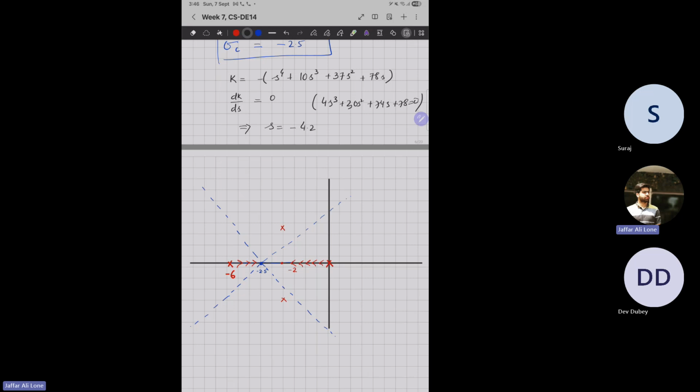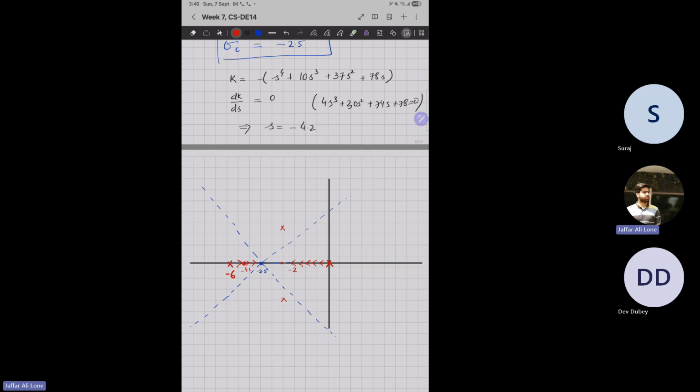So that means this point lies somewhere here. This is my breakpoint, which is minus 4.2. Okay, so this is my breakpoint.